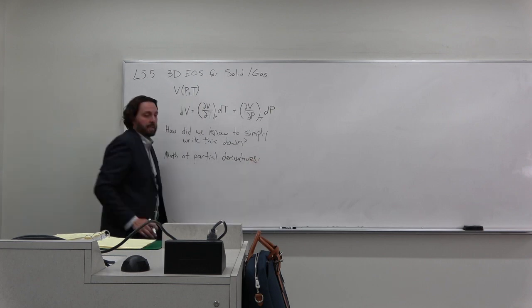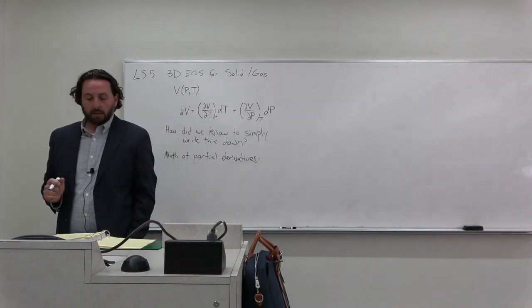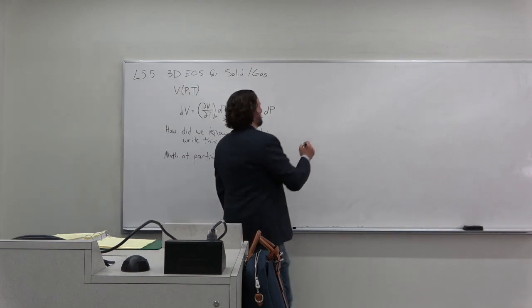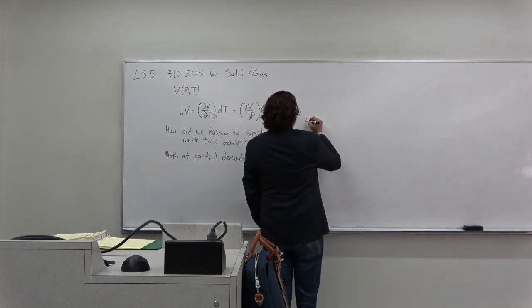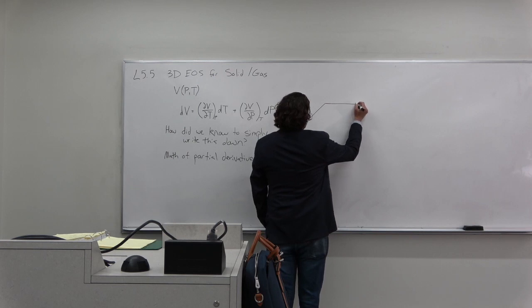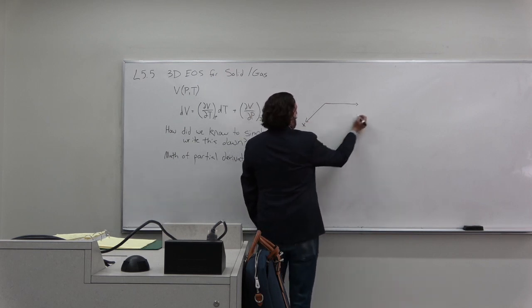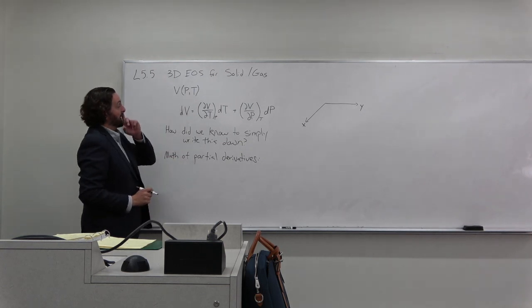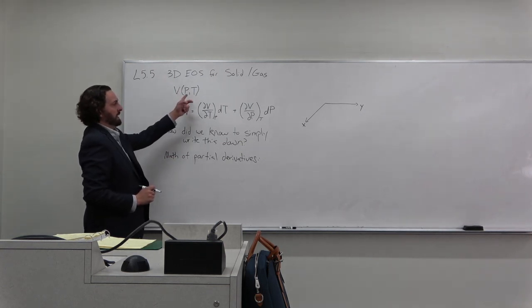Okay, so let's take a small exploration into the math of partial derivatives. So imagine that we have two variables. Let's call them x and y, right? So they're going to be orthogonal. We're going to plot, say, p and t.